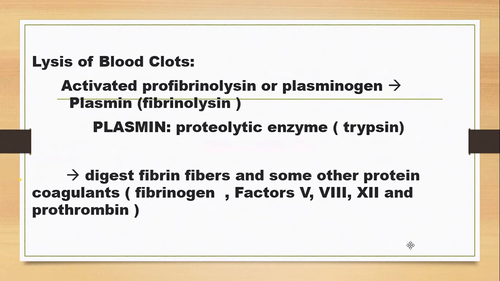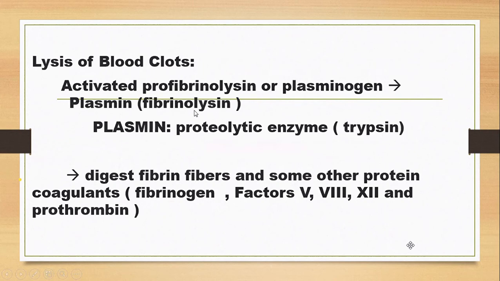Okay, lysis of blood clots. When we have clots in the body or in the blood vessel, in the injured tissue, the activated profibrinolysin or plasminogen is a proteolytic enzyme that has an action like that of trypsin. Trypsin is an enzyme from the pancreas that helps in digestion.